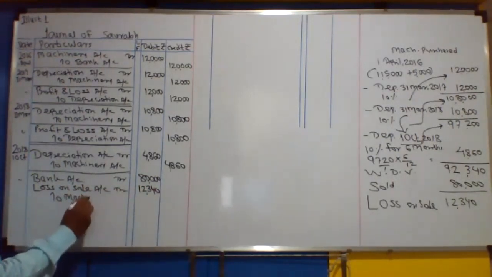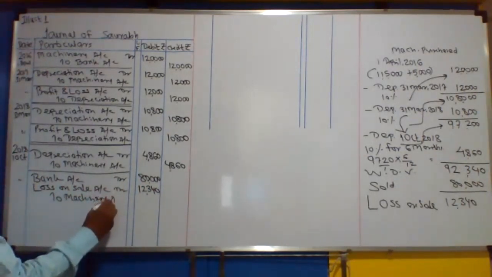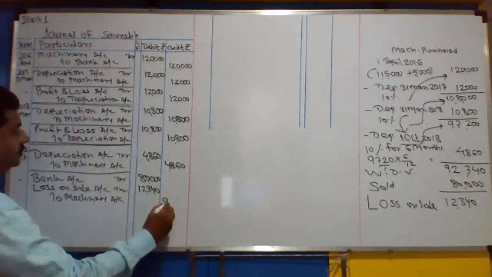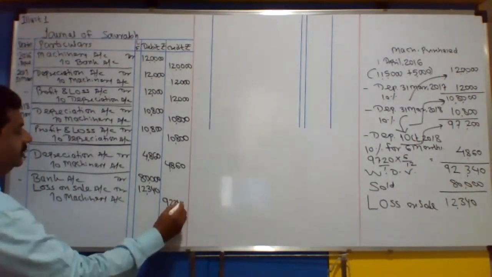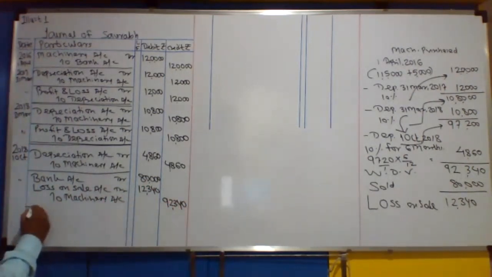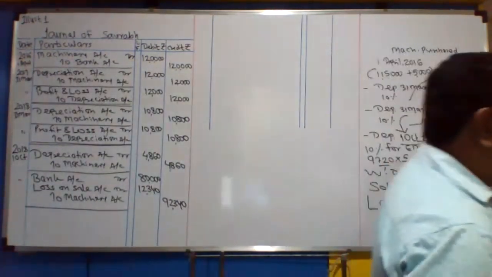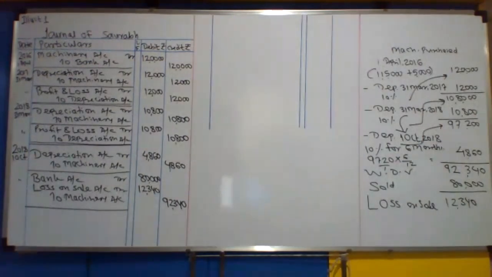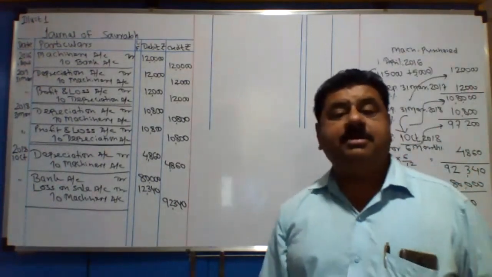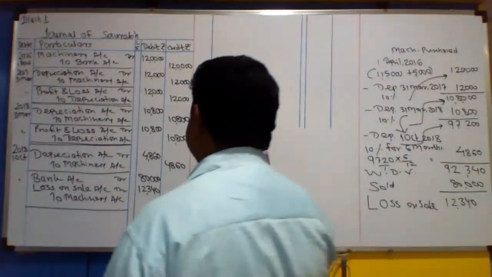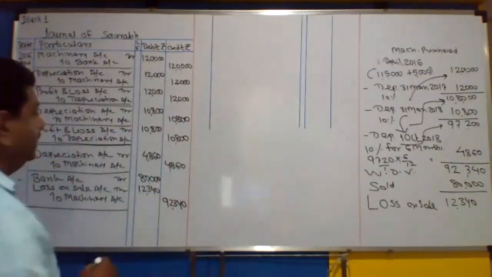To machinery account 92,340. Being machinery sold at loss.